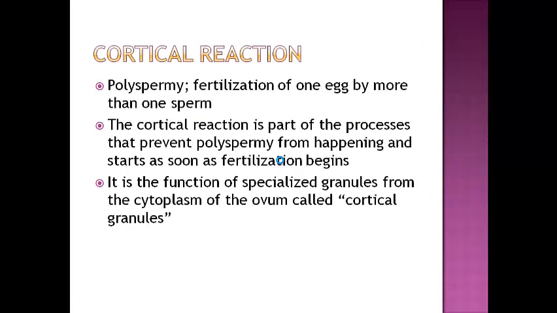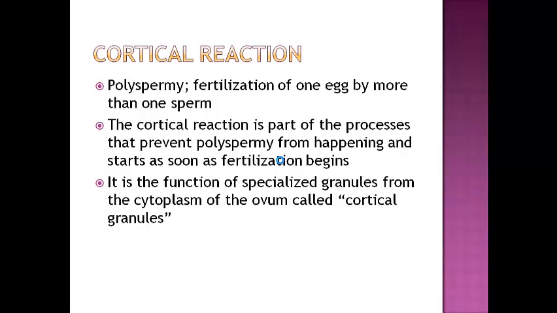The cortical reaction prevents what we call polyspermy, and polyspermy by definition is fertilization of one egg by more than one sperm. The cortical reaction is part of the processes that prevent polyspermy, which means it's not the only reaction, it's just one of them, and it starts as soon as fertilization begins.